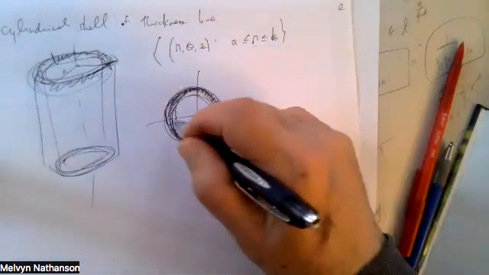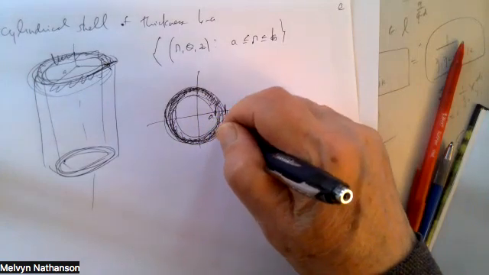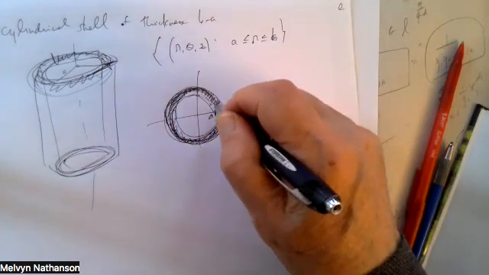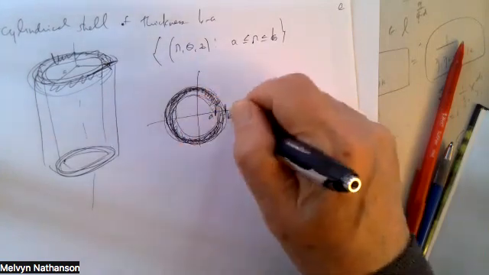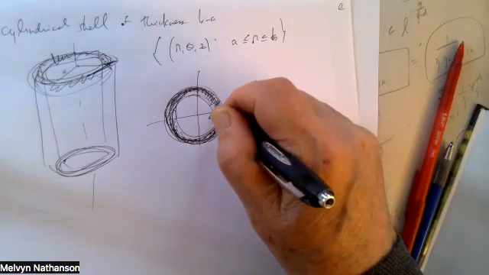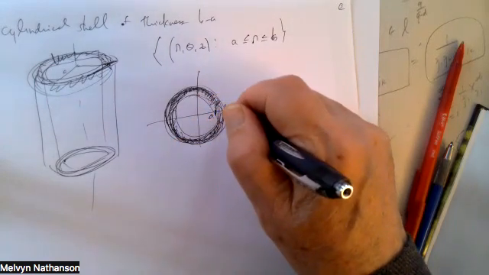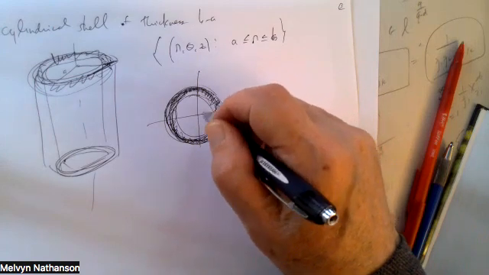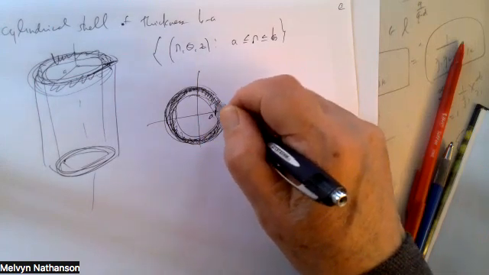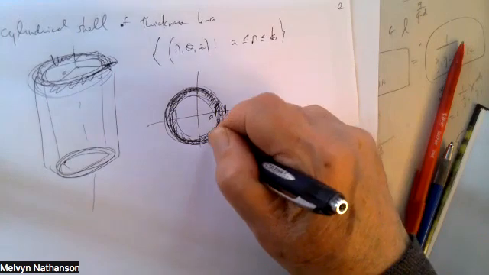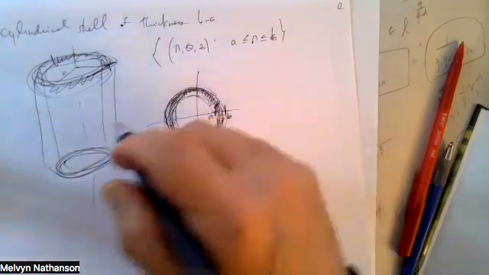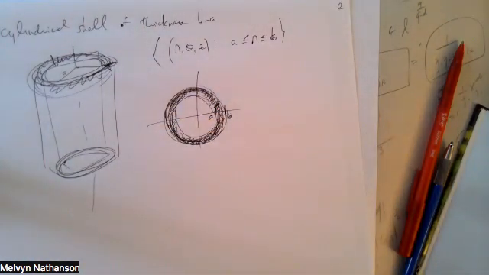It's like you have a circle of radius B and you cut out from the center a circle of radius A. So you have all the points whose distance from the origin is between A and B. That's this ring, right?